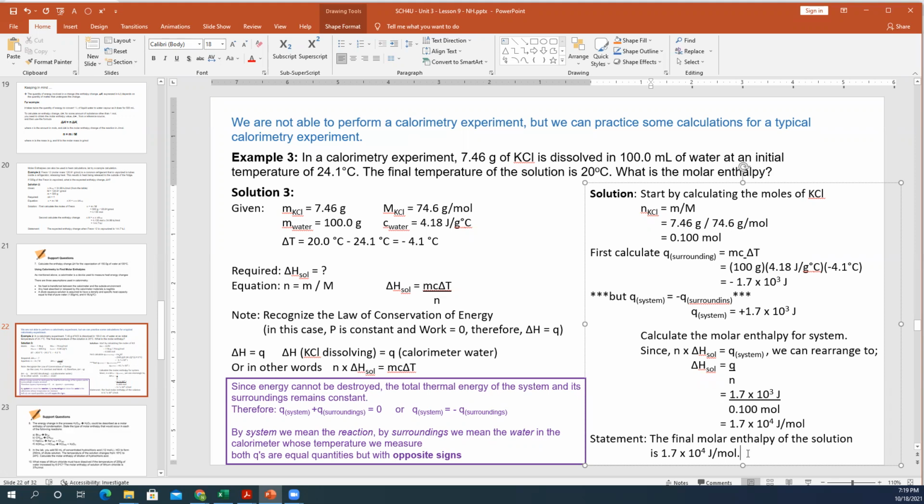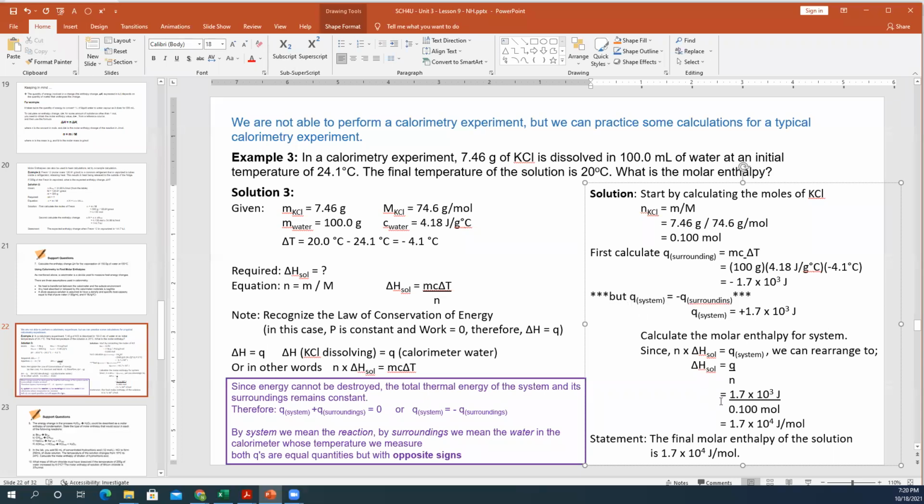Feel free to email me with questions or talk to me before class or after class, or read further in your textbook until you do understand how to do these types of questions and understand this relationship of the Q of the system is equal to minus Q of the surroundings.